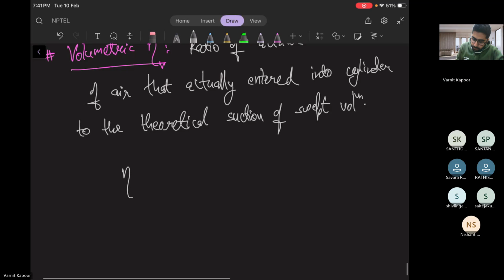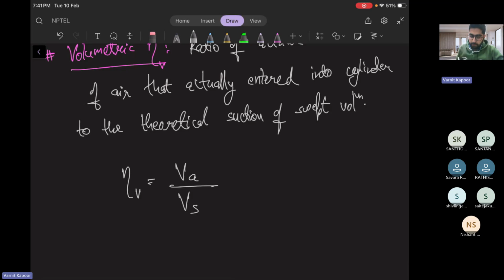That is, volumetric efficiency is V actual by V swept.